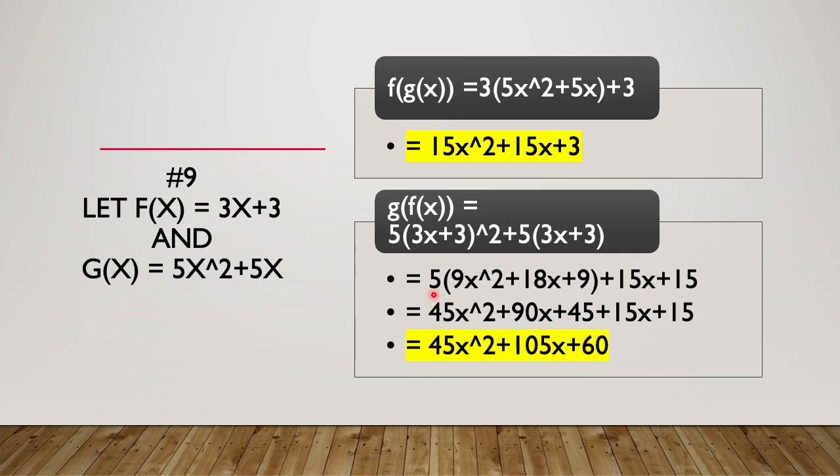Then we distribute this 5 to this trinomial, which gives us 45x squared plus 90x plus 45, and we still have the plus 15x plus 15. Then we combine all of our like terms, and we simplify it to 45x squared plus 105x plus 60.